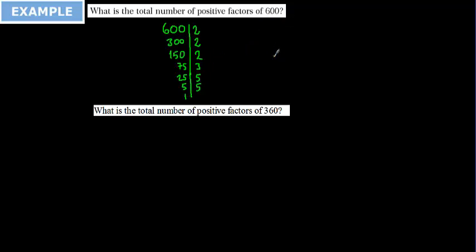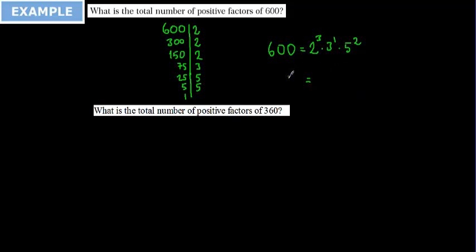So here, 600 is equal to, as prime factors, 2 to the power of 3, 3 to the power of 1, and 5 to the power of 2. And all the factors of 600 include these numbers 2, 3, and 5 somehow.